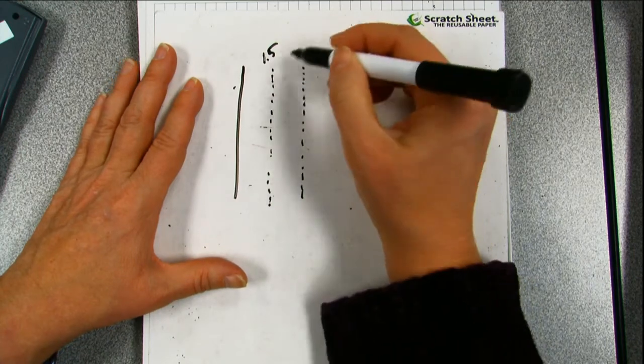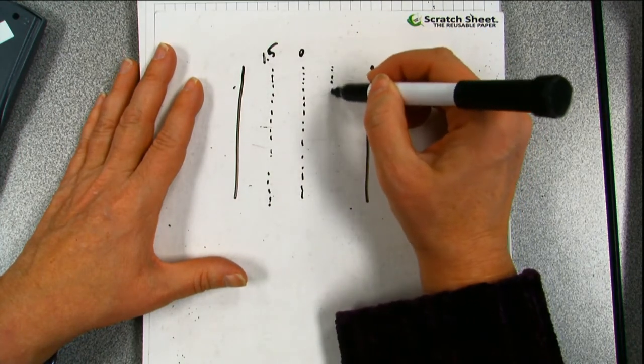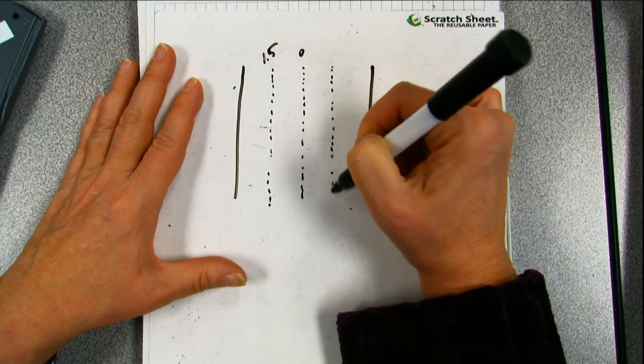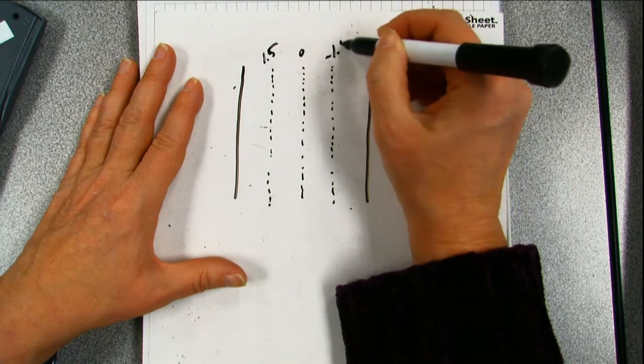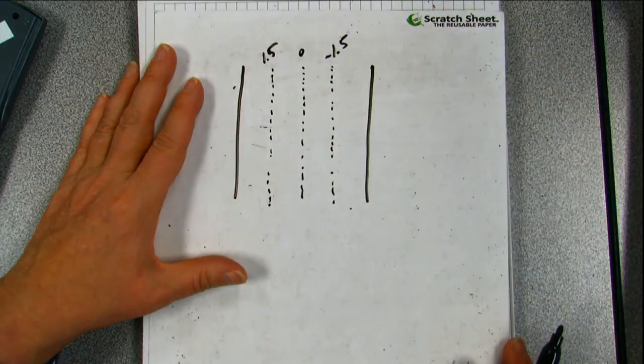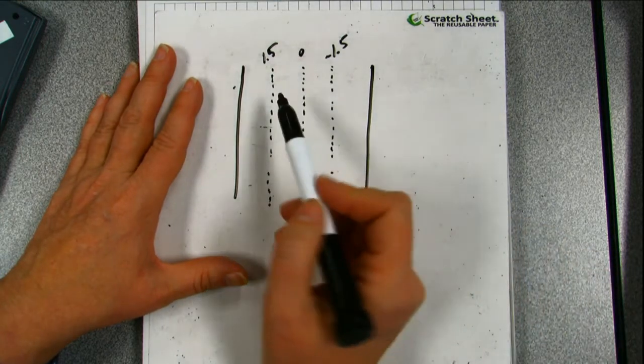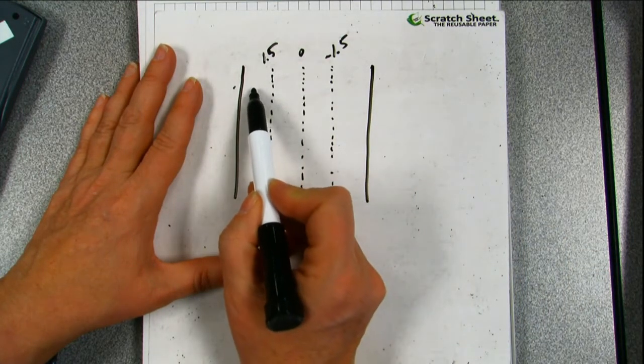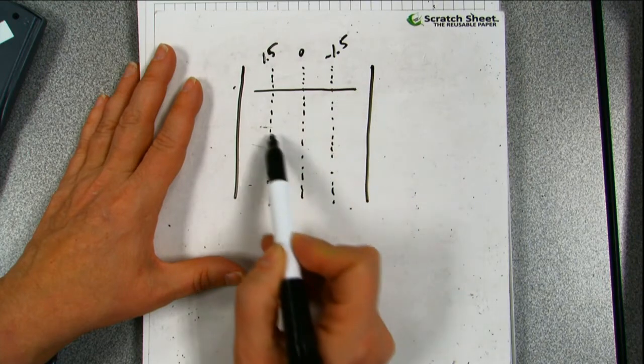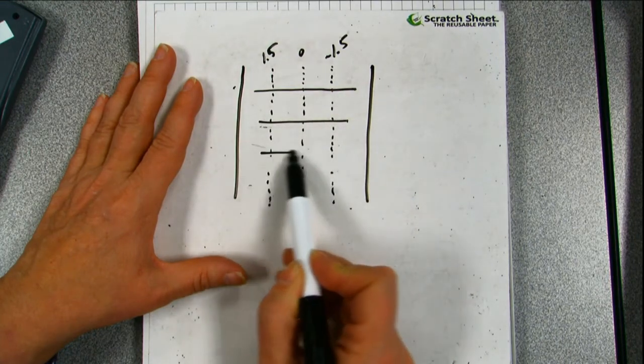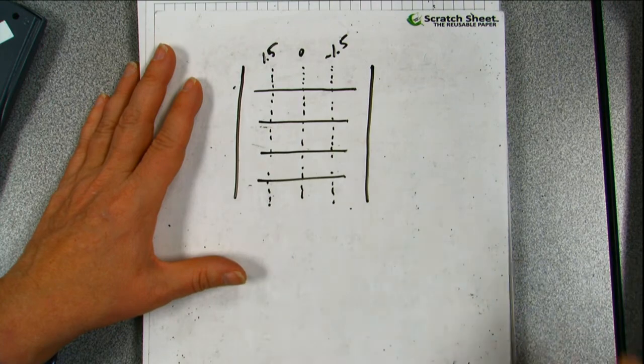This might have been 0. And this might have been negative 1.5. And we said that the field lines, or at least in your lab, it was discussed as the field lines were perpendicular. So if I put in my field lines, they're going to look like this. They're perpendicular to my potential lines.